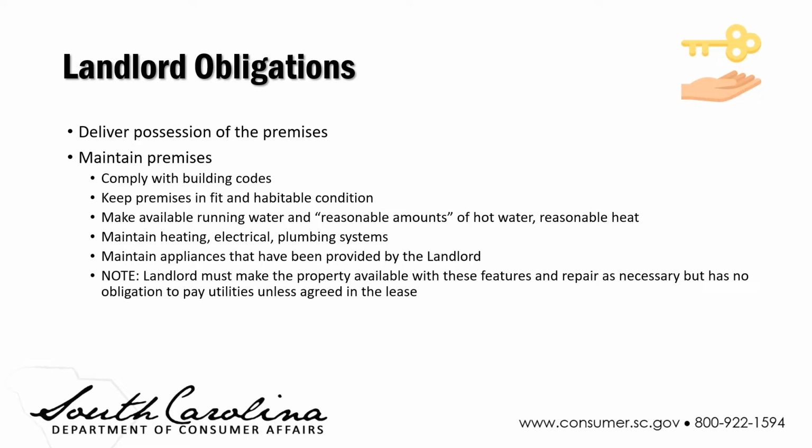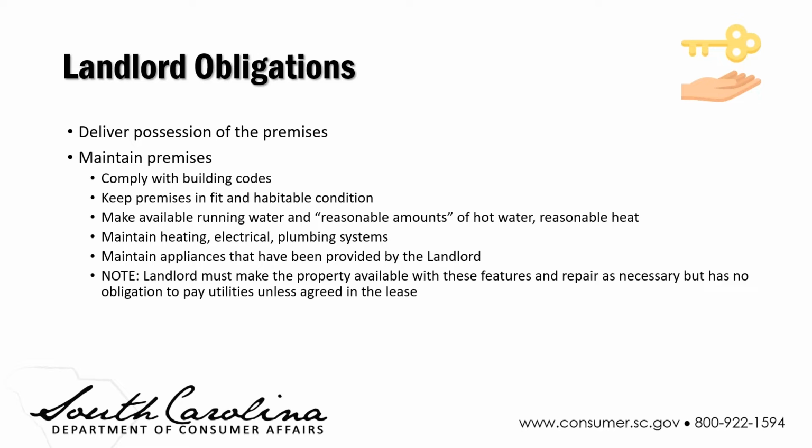But as we'll see in future slides, that doesn't mean that the landlord pays the utilities for these services. It means that the landlord sets up the access to these services. The landlord must maintain appliances that have been provided by the landlord.